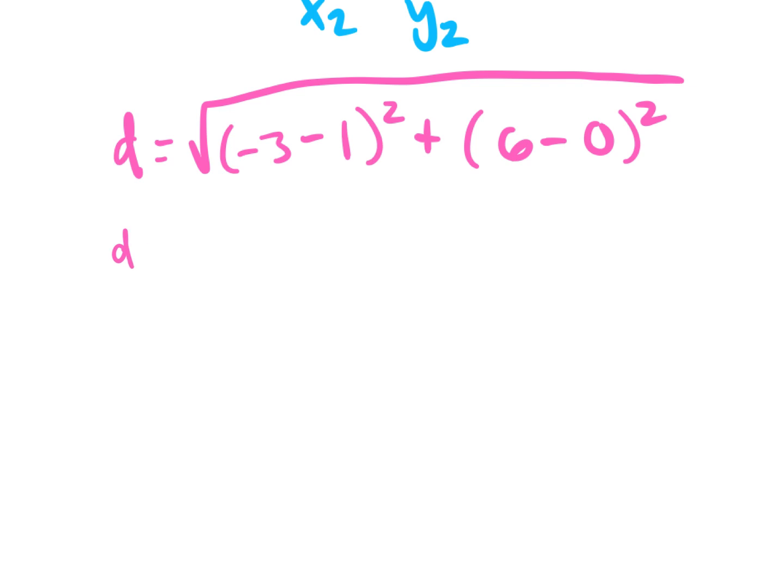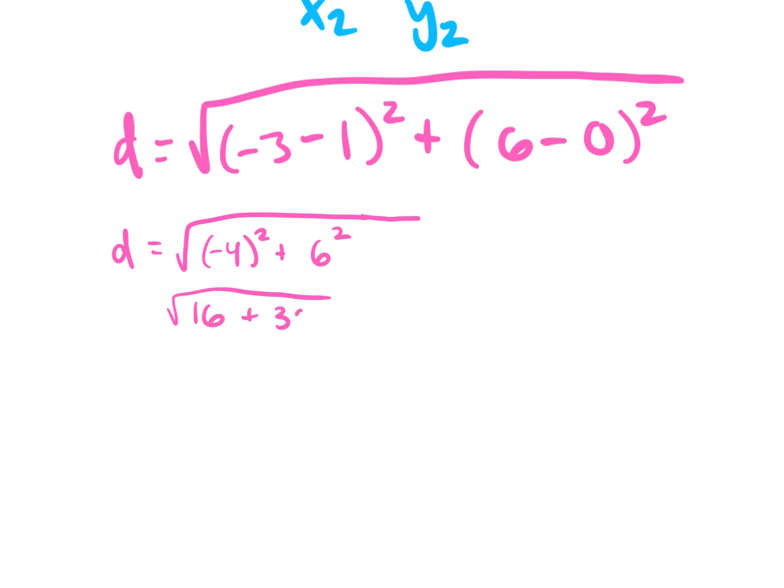So it's negative 3 minus 1, negative 4 squared plus 6 minus 0 would be 6 squared. Negative 4 squared is 16, plus 6 squared would be 36, and 16 plus 36 is 52.